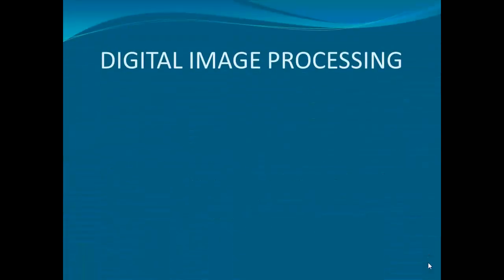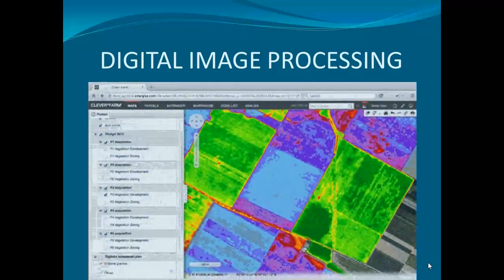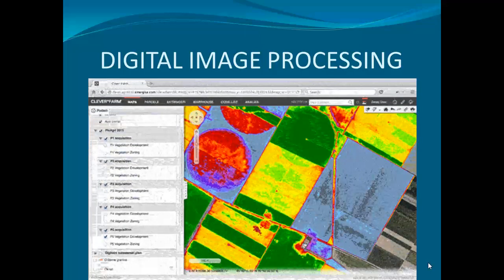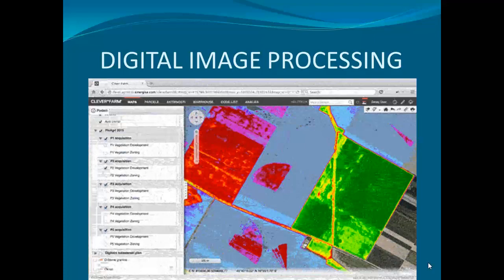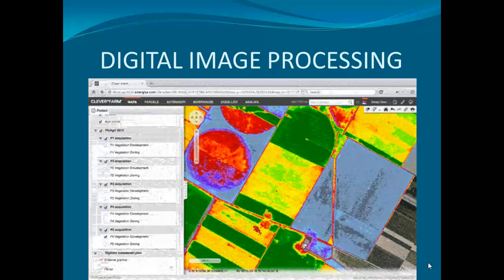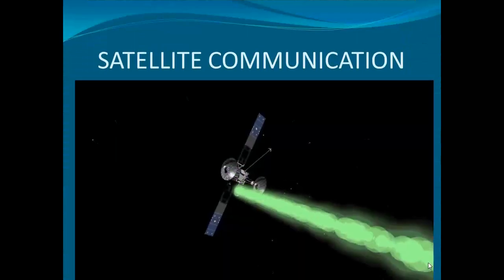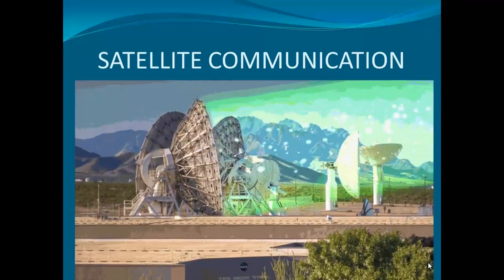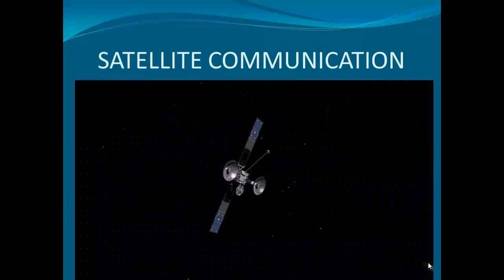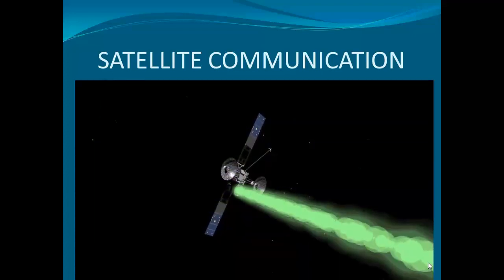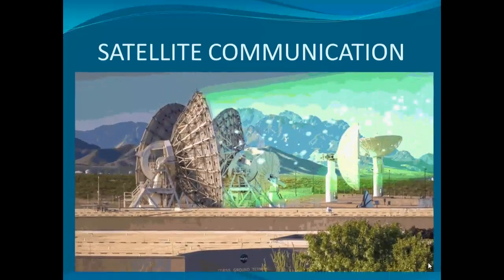Digital image processing, an upcoming field of computer science, electronics and communication and mechatronics, is a subfield of remote sensing and GIS. Satellite communication, which is also a field of electronics and communication and mechatronics, is associated with remote sensing and GIS.